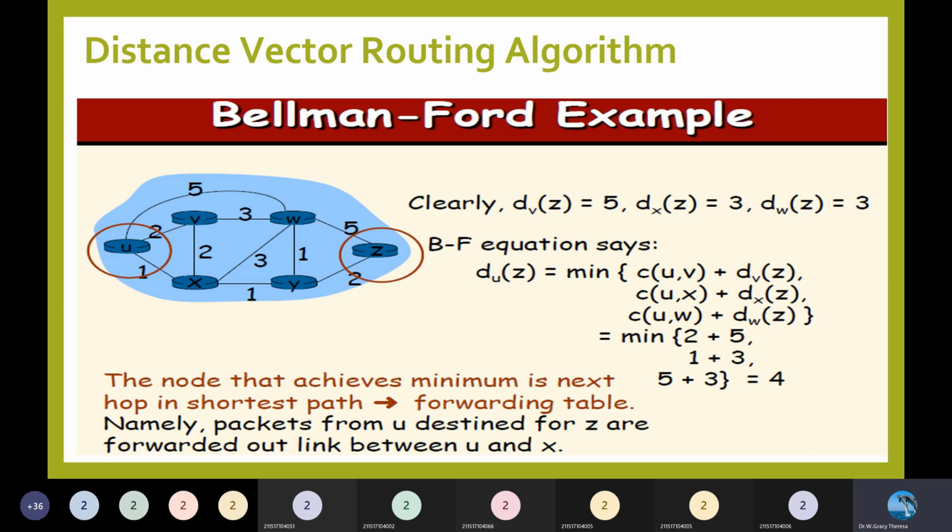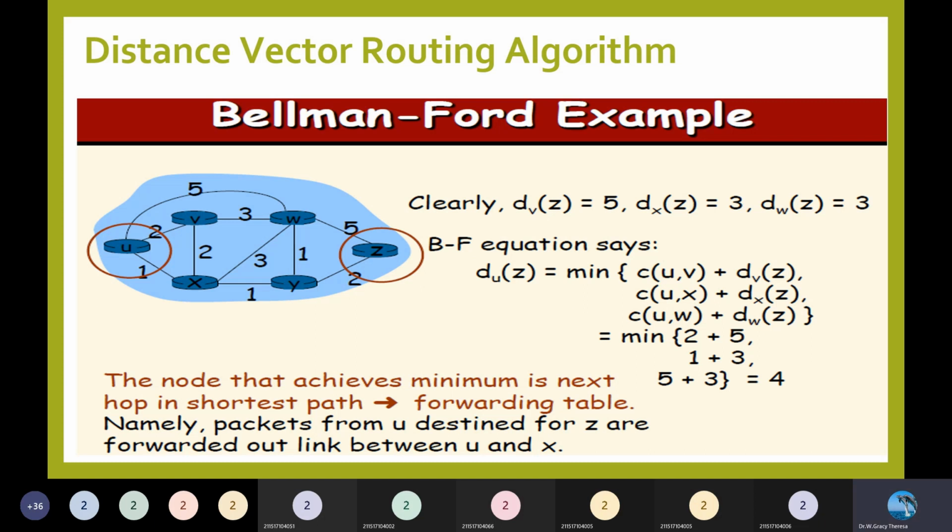Similarly, U to X is 1, X to W is 3, X to Y is 1, W to Y is 1, and Y to Z is 2. This part has been clearly defined.